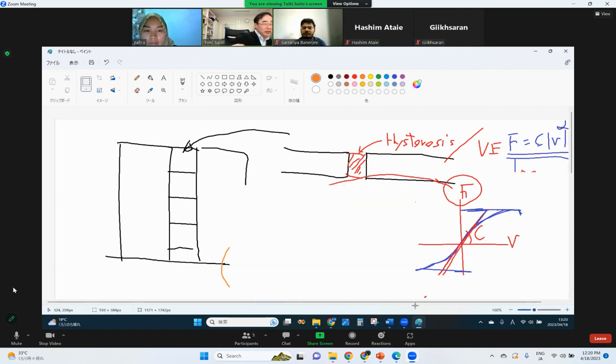Instead of using this device, I was thinking to use this kind of viscoelastic damper here.